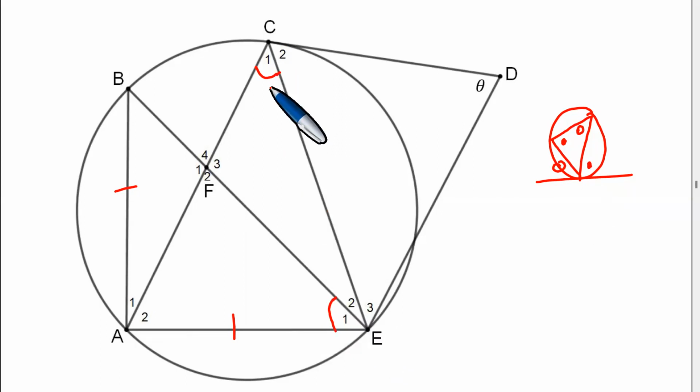So what do we know about this? What angle is equal to angle C1, for example? Also, we need to use what we know. We know that this one is X, and we realize that this is also X, the angles in the same segment.